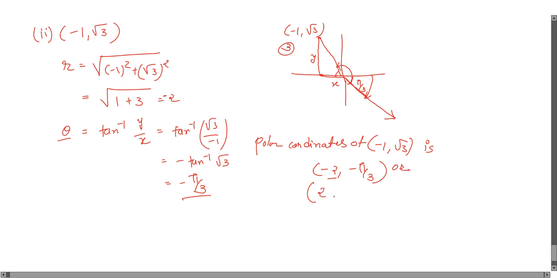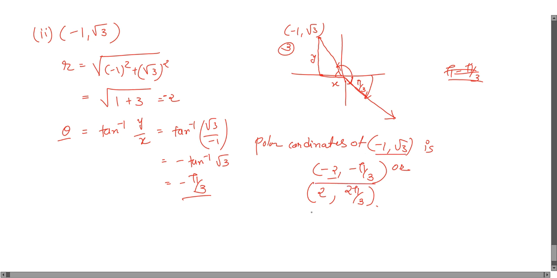If you are interested in writing this in positive, it is 2, and total is π, and you are subtracting this much, π/3, so this much is π minus π/3. So π minus π/3 is 2π/3. So the polar coordinates of this are this.